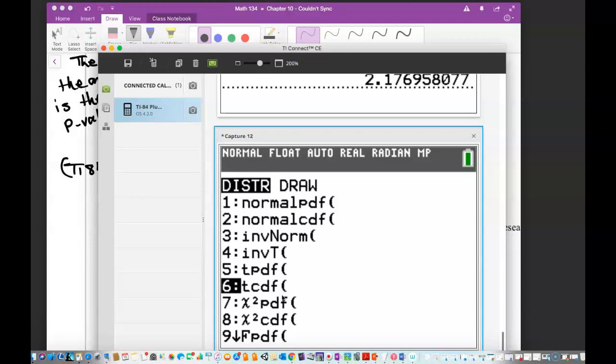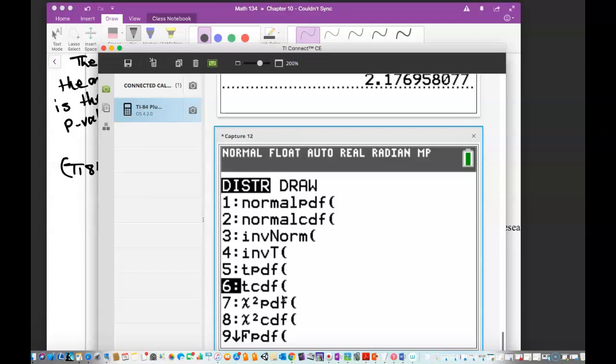Then enter data for lower. Since here I have two tails, I only need to enter data for one tail. It doesn't matter which one you choose. You can enter data for the left tail or the right tail.